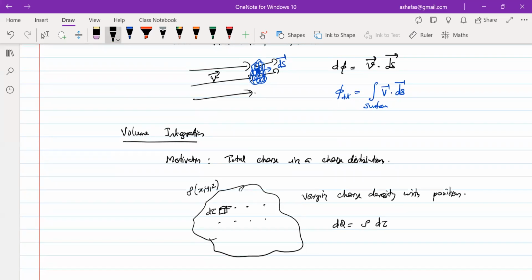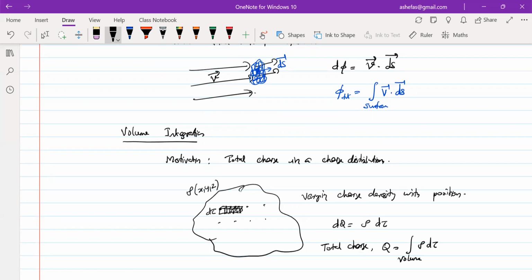So this entire charge can be viewed as the sum of very large number of infinitesimal volumes. So the total charge Q is integral rho d tau over the volume. So we are integrating over the volume here. So this kind of integration is called volume integration.